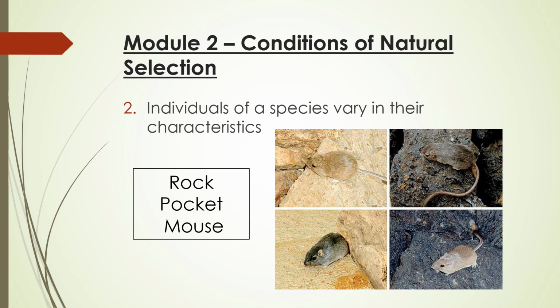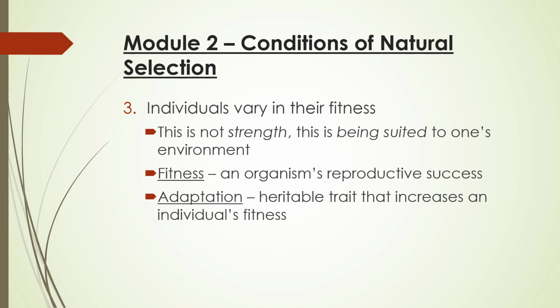So again, you need to have varying characteristics in order for evolution to take place. If you don't have those varying characteristics, then if there is a change in the environment, the entire species can go extinct.